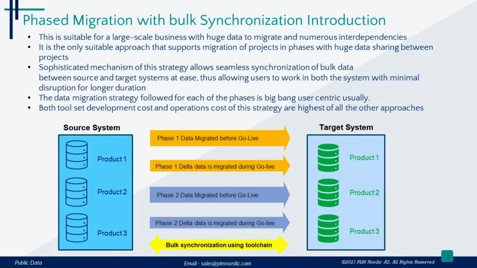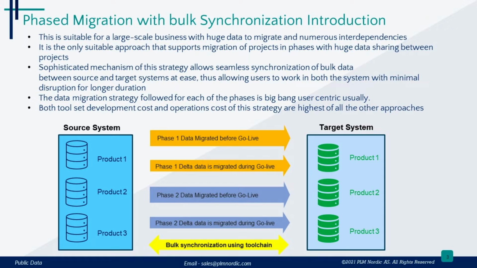Phased migration with bulk synchronization is an advanced data migration strategy tailored for substantial enterprises dealing with extensive data volumes and intricate interconnections. This approach uniquely facilitates the gradual transfer of projects, accommodating the seamless exchange of large datasets between them.